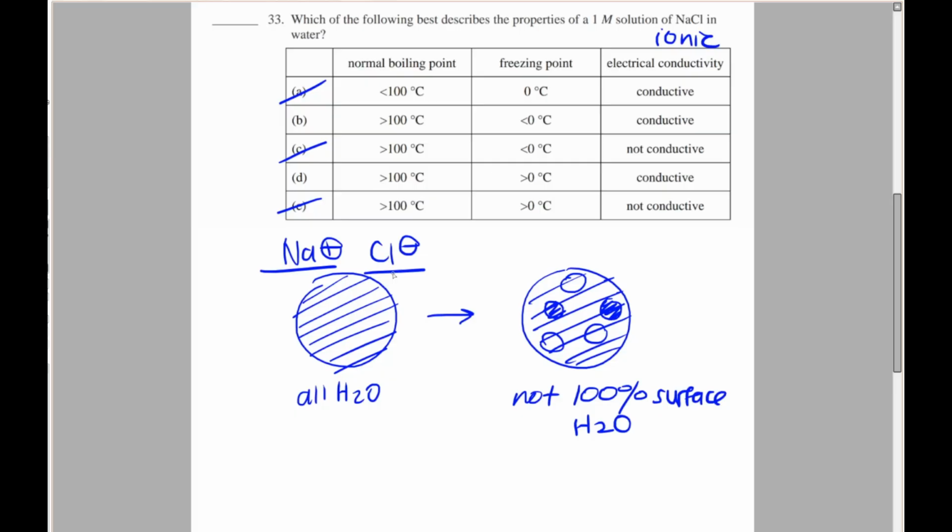Because these ions from the NaCl are getting in the way, it's going to be harder to form the lattice, and therefore the freezing point will be lower. It's going to decrease the freezing point, meaning it takes longer to freeze. Since water's freezing point is normally 0 degrees Celsius, it'll be less than 0 degrees Celsius. So we see that B is our answer.